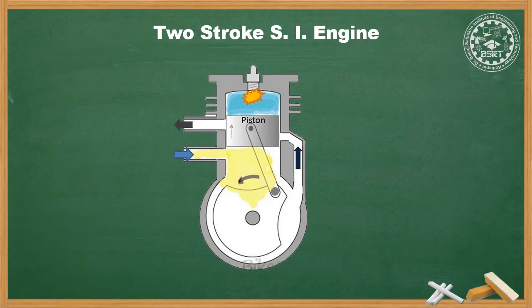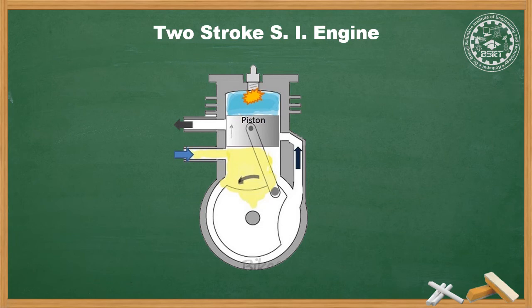The transfer port is provided to take the compressed charge from the crankcase to the cylinder, whereas the exhaust port is provided to remove the waste gases. Only one power stroke is completed in one revolution of the crankshaft, because the suction and exhaust strokes are eliminated.